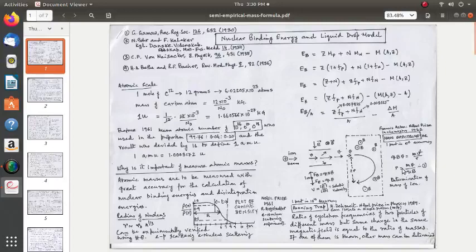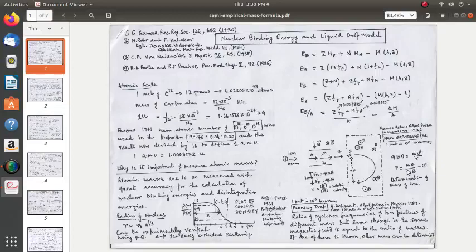We can measure the radius here. So putting the value of r here, q and B are known, then we can calculate the momentum of the ion.